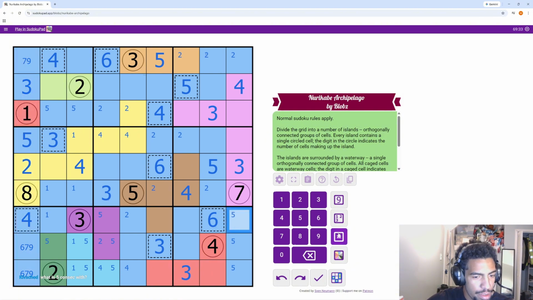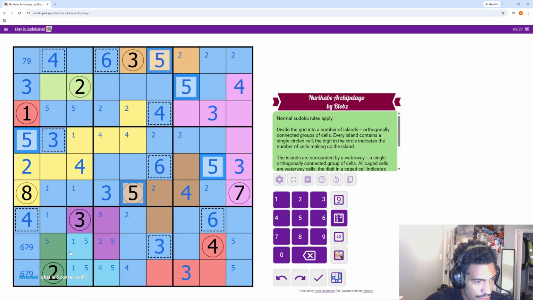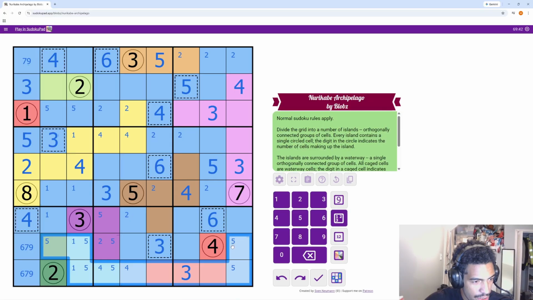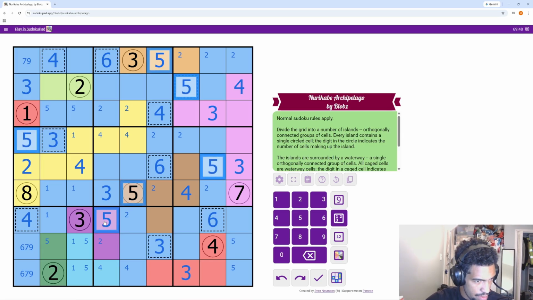Did I? Oh, I put a 5 here. You're right. So now my 5s in rows 8 and 9 are down here. So this is a 5. And now I have 7 5s.